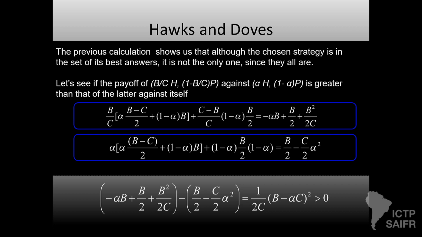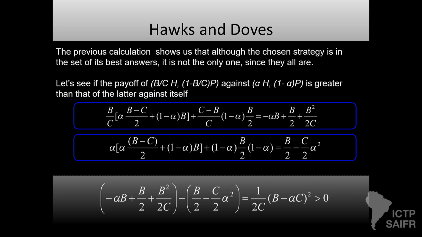And I am going to compare this payoff with this payoff. So what I am doing here is to calculate first the payoff of this situation here, and then the payoff of this situation here. And when I make these calculations, this is the payoff of this situation minus the payoff of this situation. This is the calculation here.